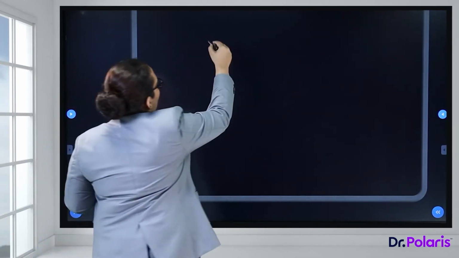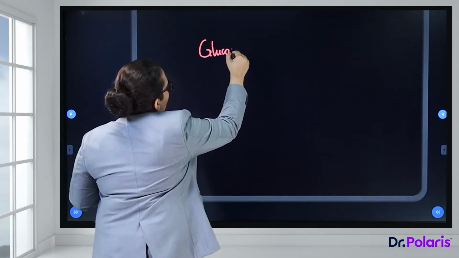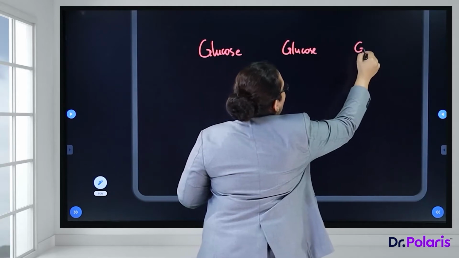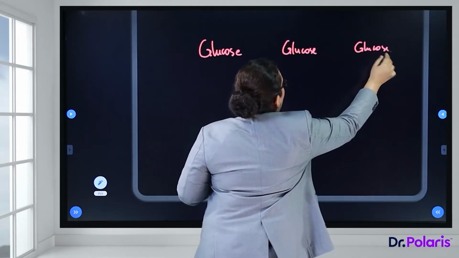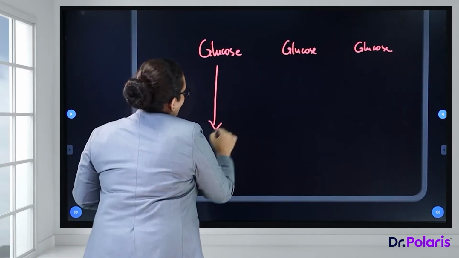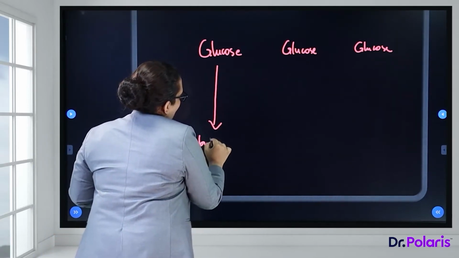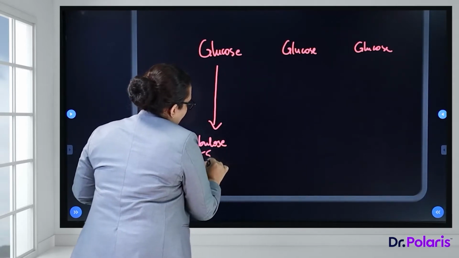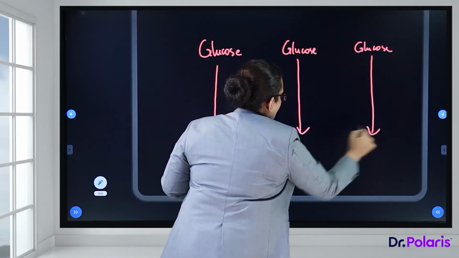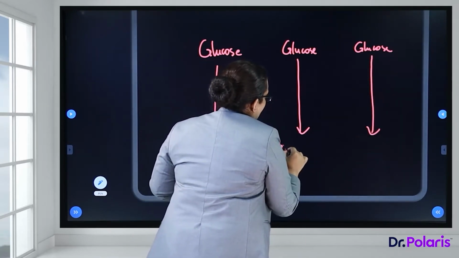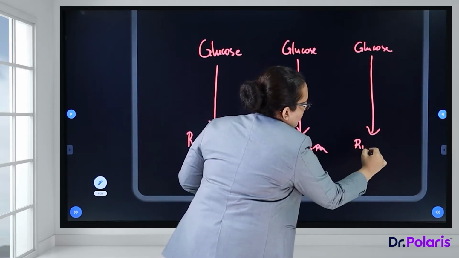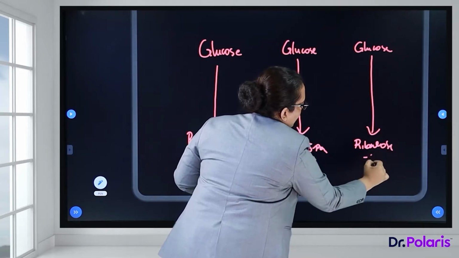So you have 3 molecules of glucose which have undergone the oxidative phase to give you 3 molecules of ribulose 5-phosphate, entering into the non-oxidative phase.